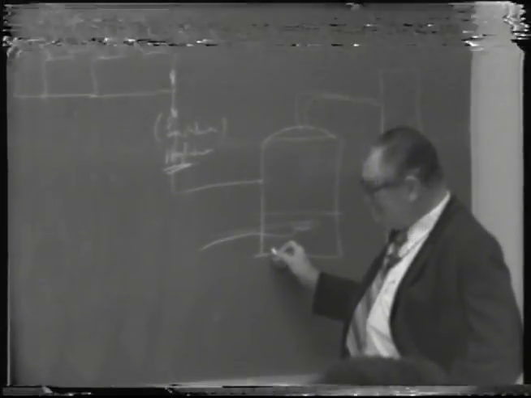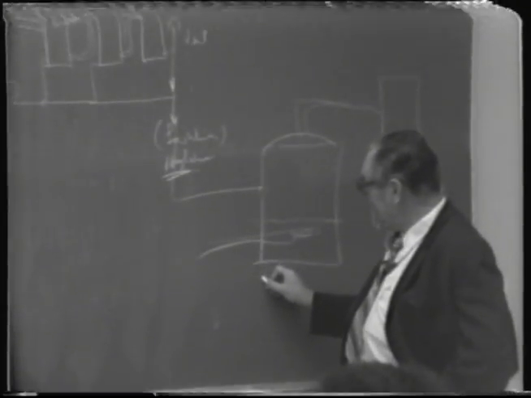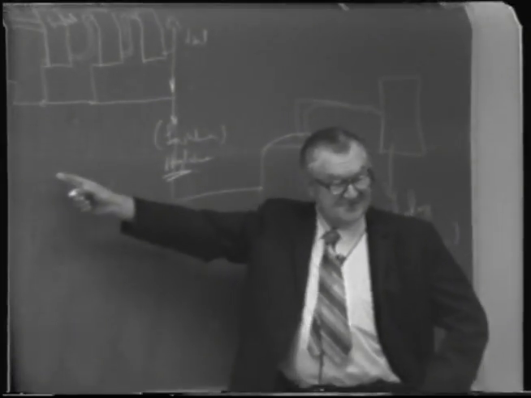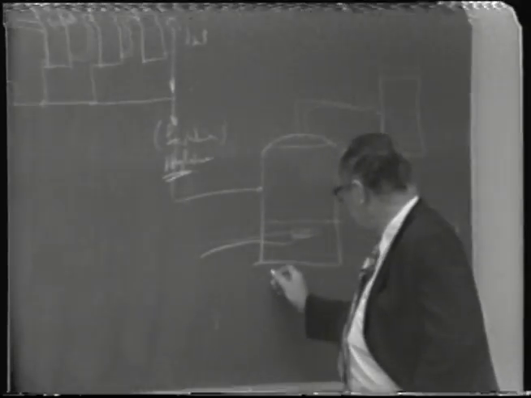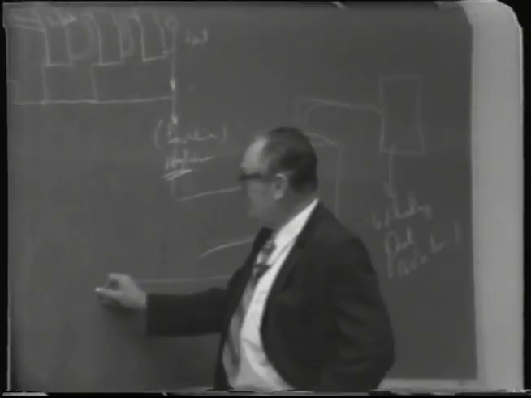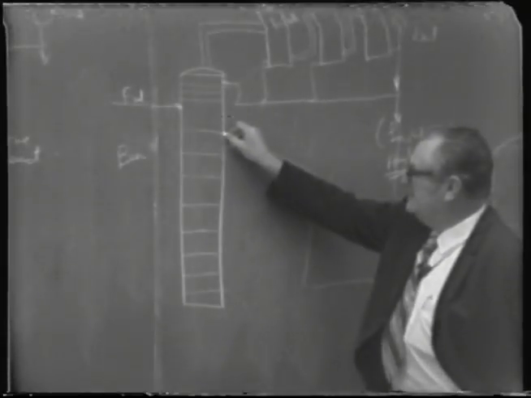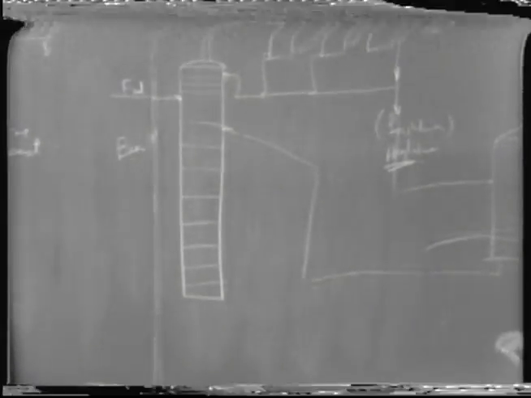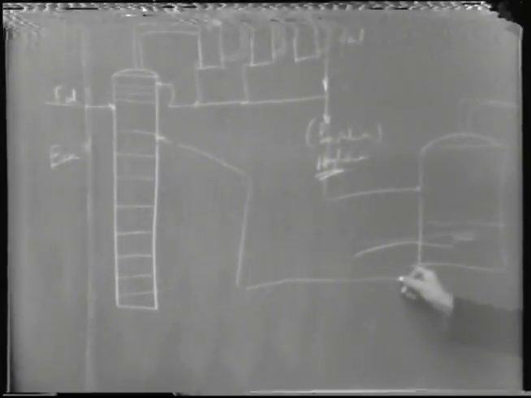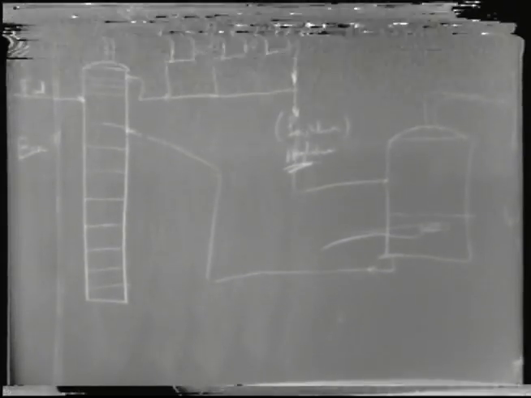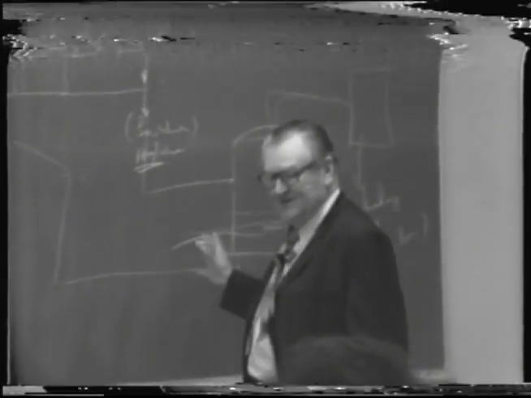Either continuously or periodically, this liquid retained here can be recycled back into the system somewhere. It can be operated sort of batch-wise. And many do run it batch-wise, but it can be made on a continuous basis.